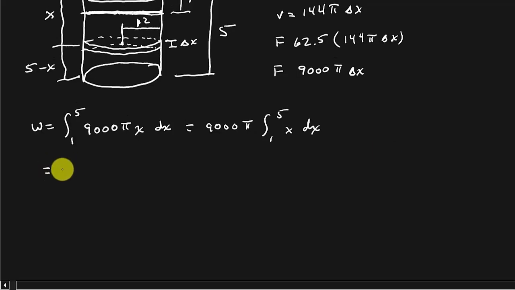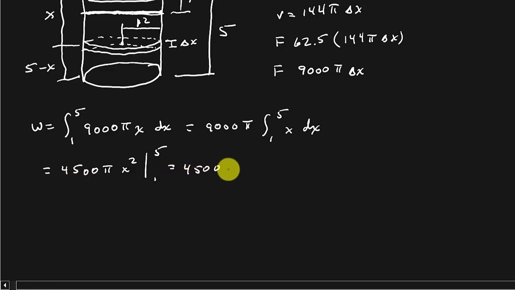And so if we integrate that, that's going to be 4,500 pi x squared from 1 to 5. Remember, you add 1 to the exponent, that's 2, and divide by the new exponent: 9,000 divided by 2 is 4,500.